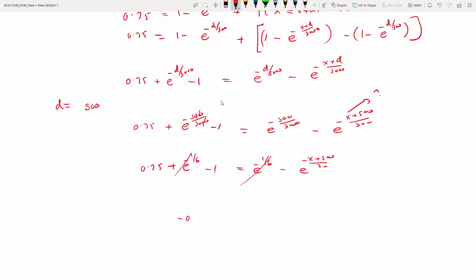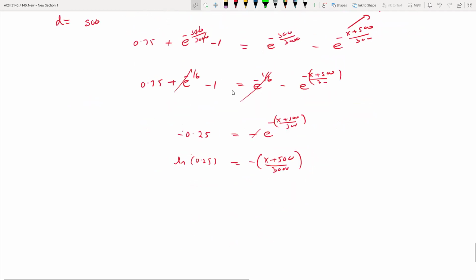It's going to be negative 0.25 equals negative e to the negative (x plus 500) over 3000. So then you take the log, the negative signs cancel out, log 0.25 equals negative (x plus 500) over 3000. So I take the natural log.